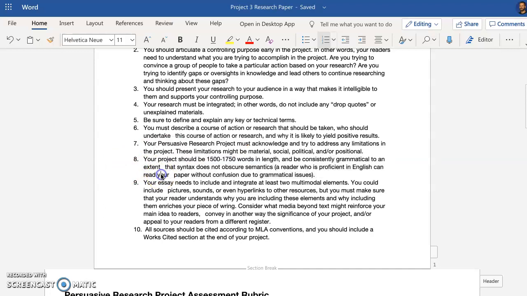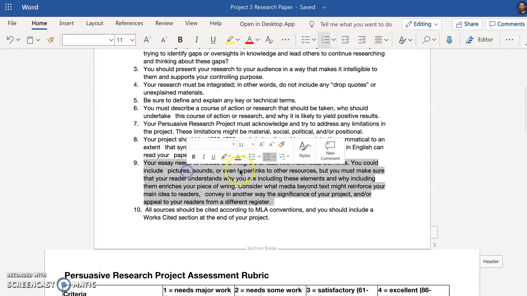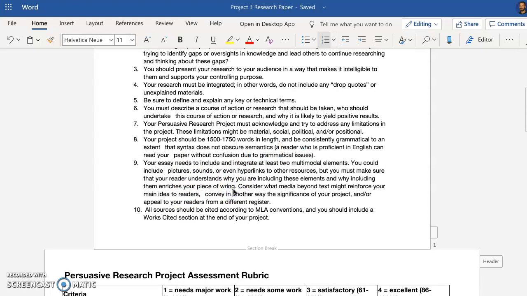Requirement 8 is the length requirement. I do check the length, but if you go a little over, that's fine as long as you are being judicious with your words. And next to last, your essay needs to include and integrate at least 2 multimodal elements. So these are pictures, sounds, hyperlinks, anything that is non-text should be included.